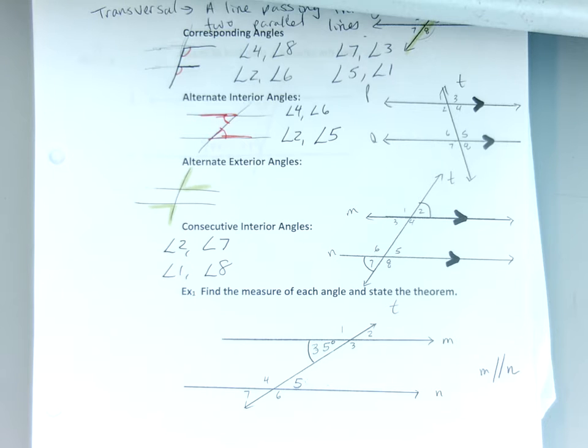Those are called vertical angles. See a V? Those are called vertical angles. But you don't need parallel lines to make that happen. Look at that. 1 and 4, 2 and 3. Those are called vertical angles, but you don't need parallel lines to have that happen, correct? That's why they're not part of this whole thing. I'm going to write that down too. Vertical angles.